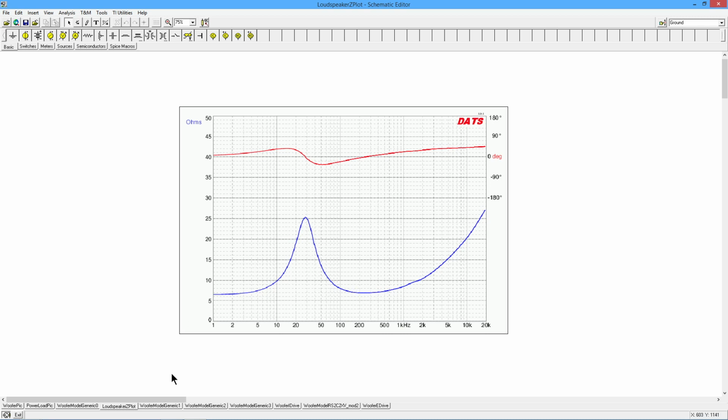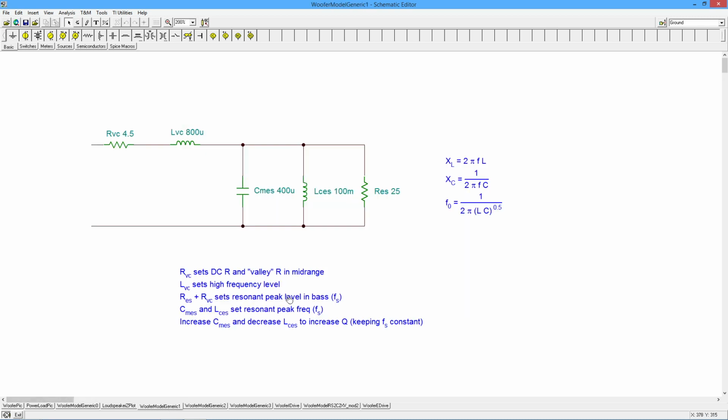Well, the way you deal with that is the ratio of CMES to LCES, all right? So you increase the capacitance and decrease the inductance to increase the Q. In other words, to make it sharper. So the easy way to do this is just come up with a factor.